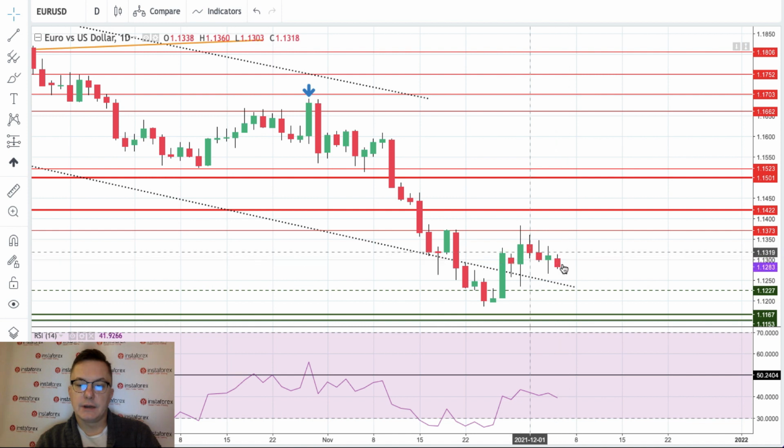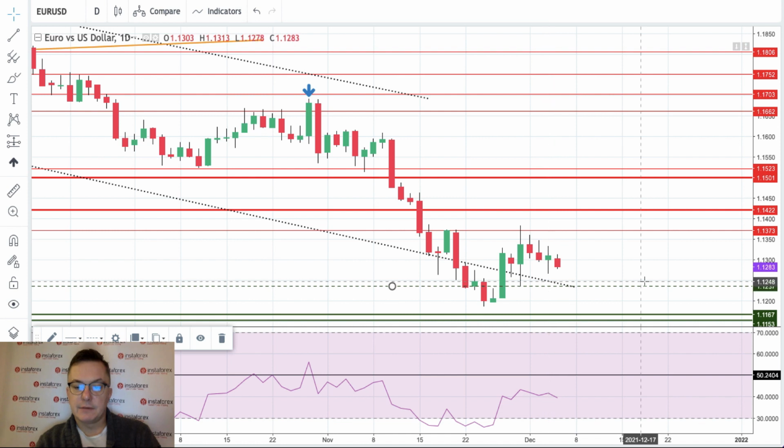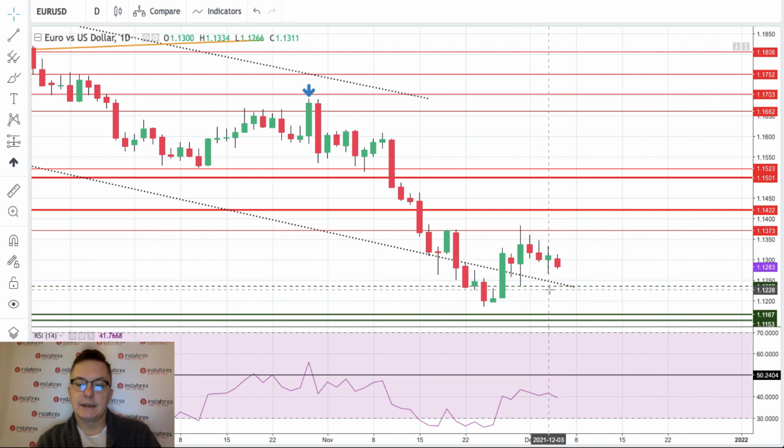As you can see, we are now slowly going lower towards the technical support. One of the technical supports is seen at the level of 1.2227, and I think we should just lift it a little bit towards this level, maybe 1.1237. So that's the technical support.